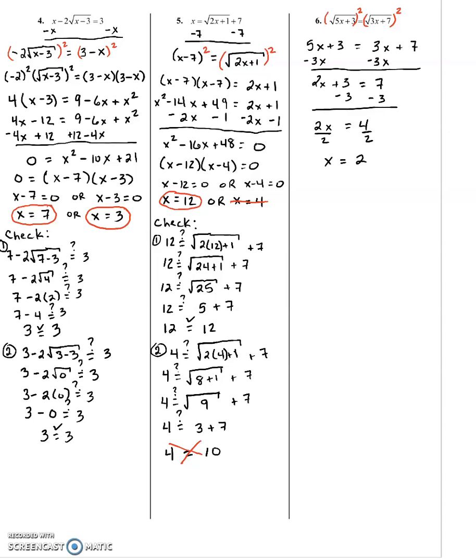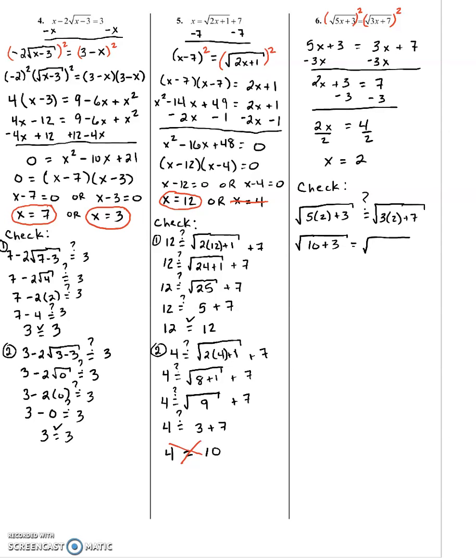Now, of course, we still have to check that. So here we go. So we have the square root of 5 times 2 plus 3. And we need to know if that equals the square root of 3 times 2 plus 7. So 5 times 2 is 10, plus 3 under the square root on the left-hand side.